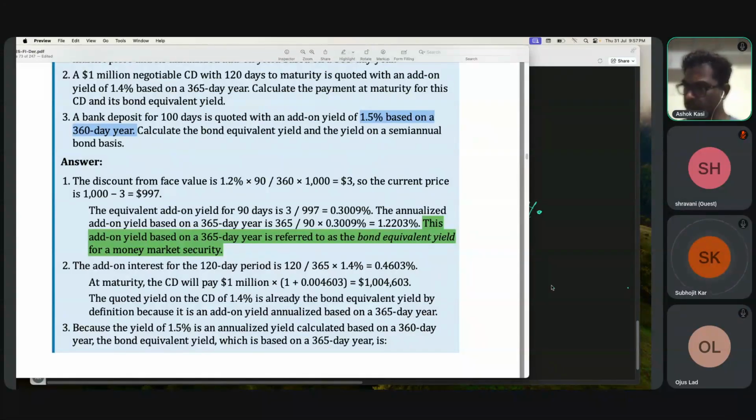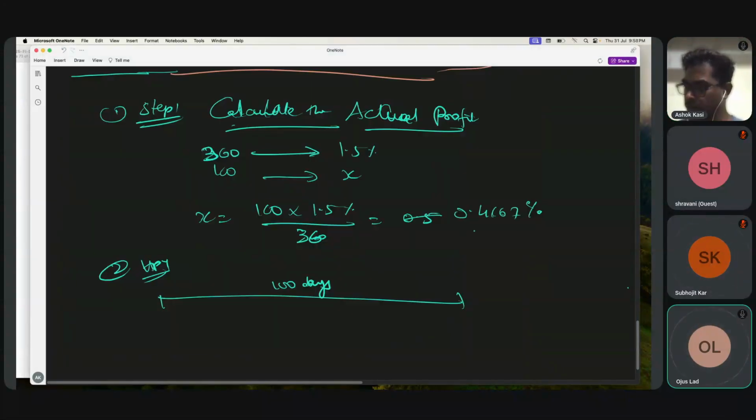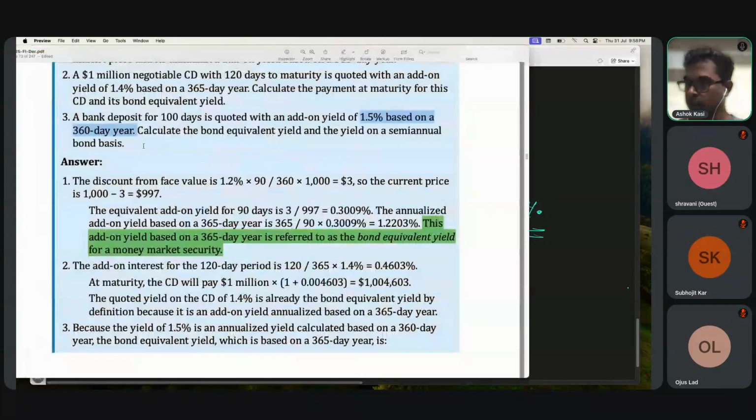This is the profit, 0.4167 percent. That means this is add-on, which means present value is 100, and the future value will be 100.4167.